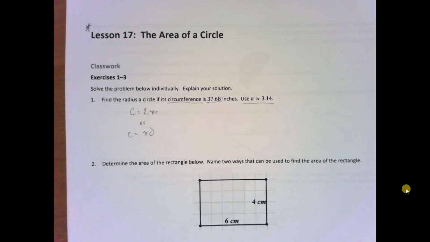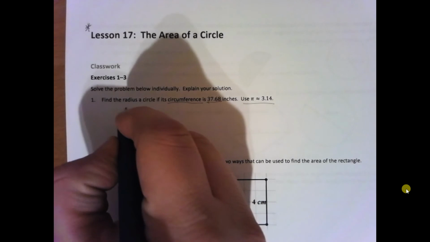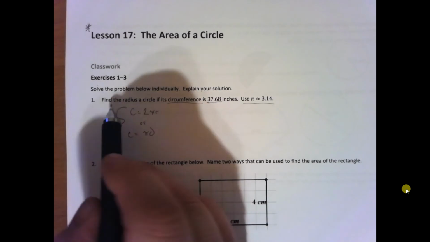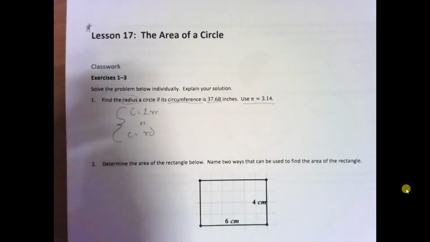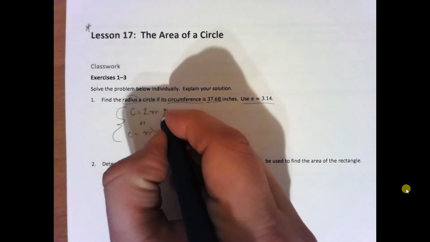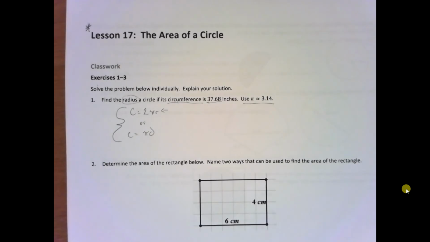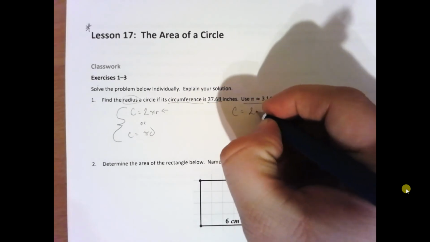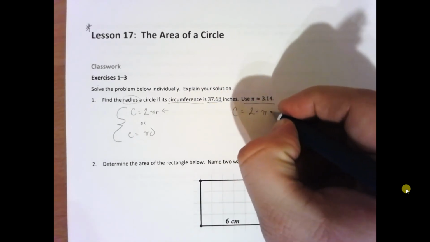All right. Now, we need to figure out which one of these we're going to be using in our solution. Well, it says in the beginning of the problem, find the radius. So I'm going to use this one right here, 2 pi r. Circumference equals 2 times pi times r.